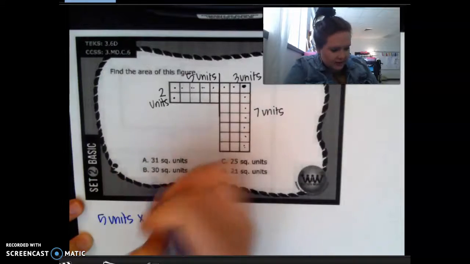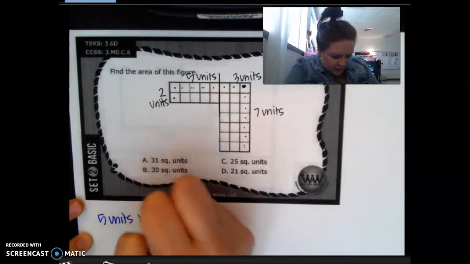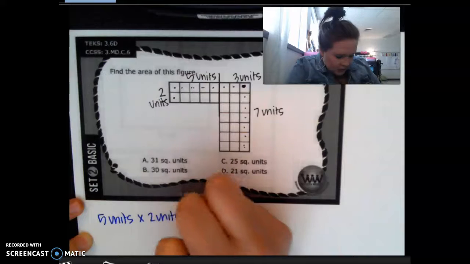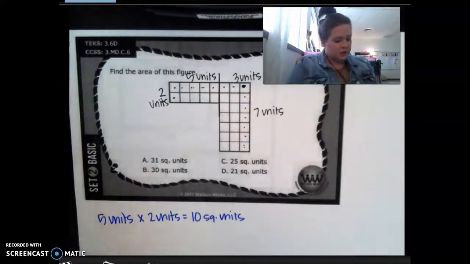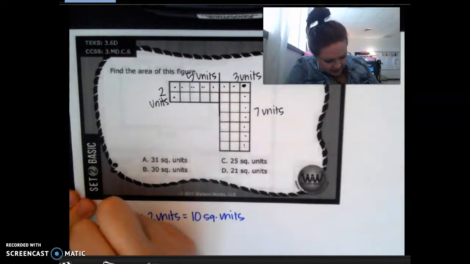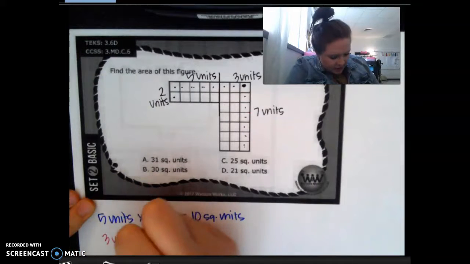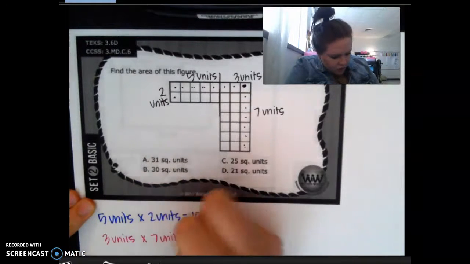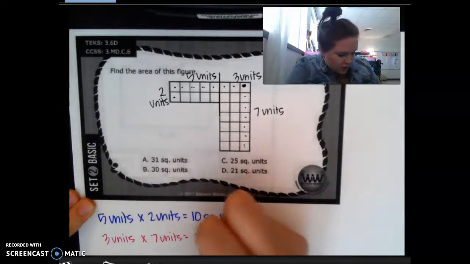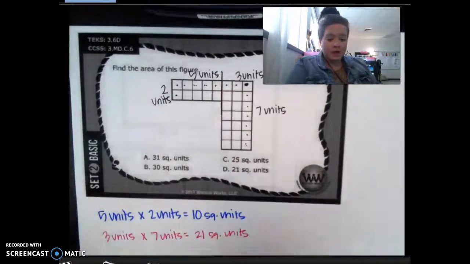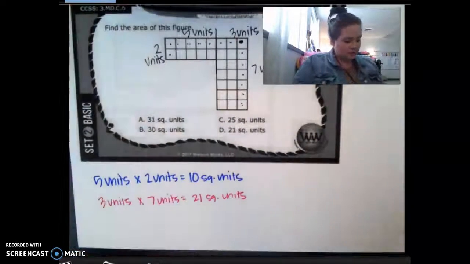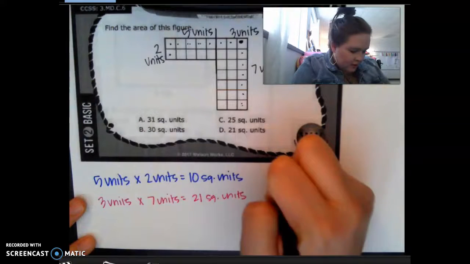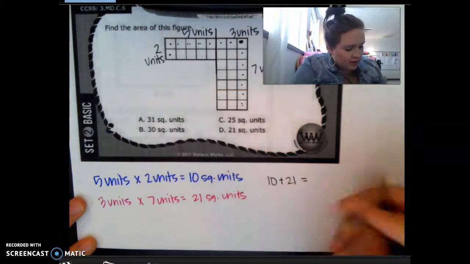5 units times 2 units equals 10 square units. And then 3 units times 7 units equals 21 square units. And then we're going to add 10 plus 21 equals, and I'm going to draw my base 10 blocks.